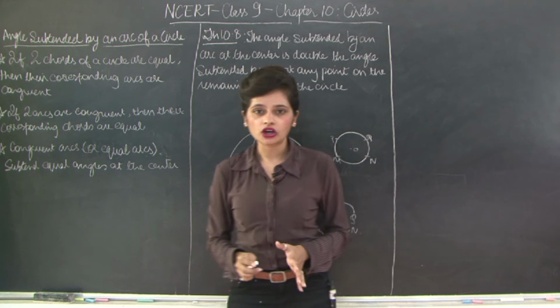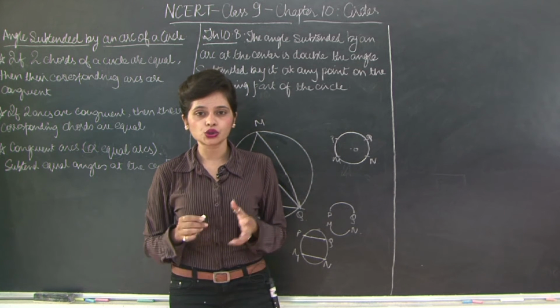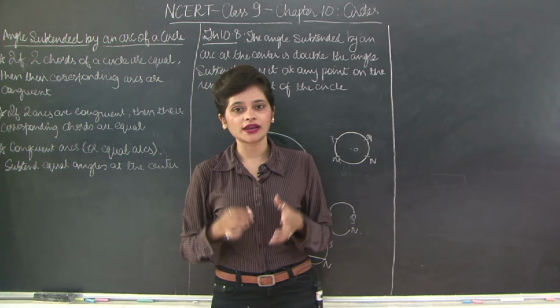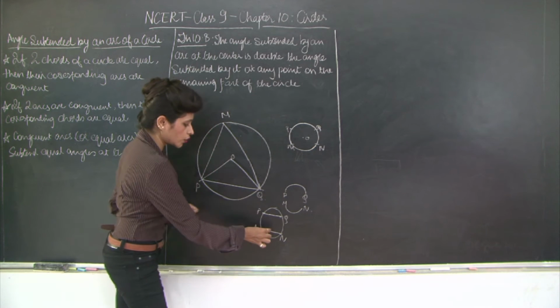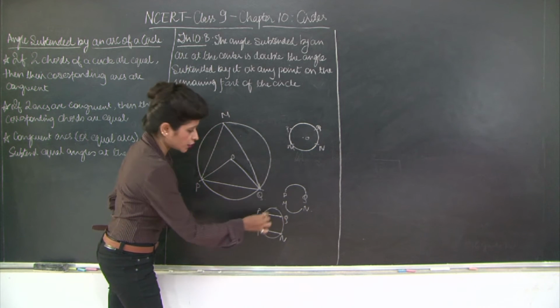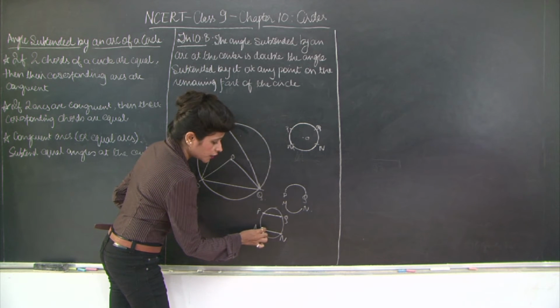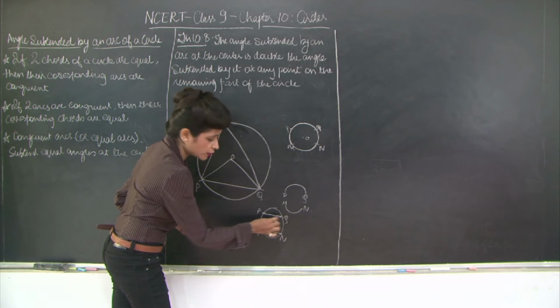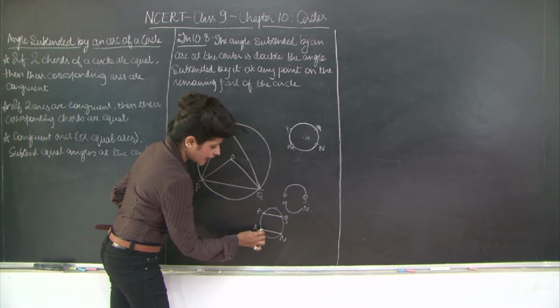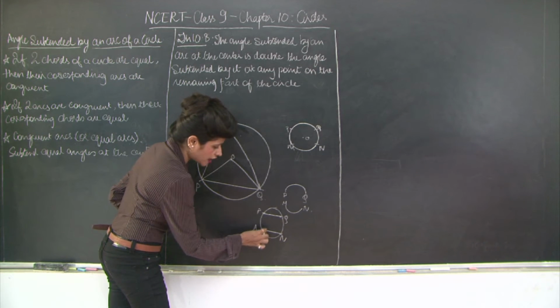Why? We have learned at the start of the chapter that two congruent chords will subtend equal angles at the center. Now these congruent chords correspond to their respective arcs: chord PQ corresponds to arc PQ and chord MN corresponds to arc MN.